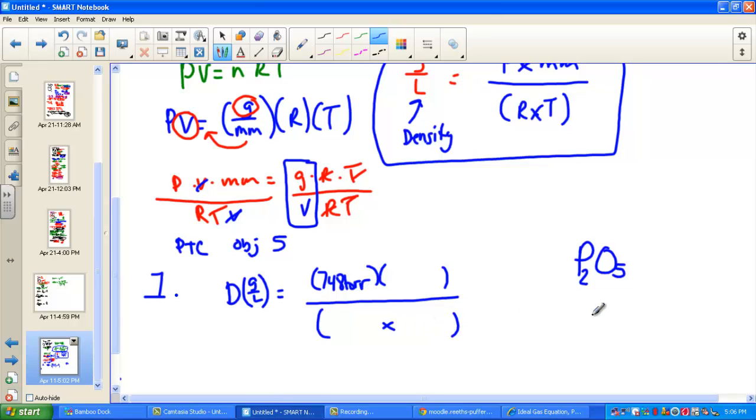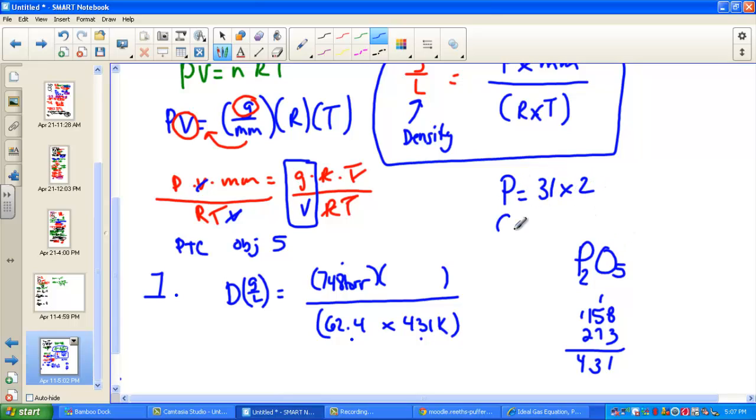Temperature is 158 degrees Celsius, so let's convert to Kelvin: 158 plus 273 is 431 Kelvin. R has to match the pressure unit, 62.4. I'm making it a product, R times T. We have our pressure unit. What I have to do is find the formula weight of P2O5.